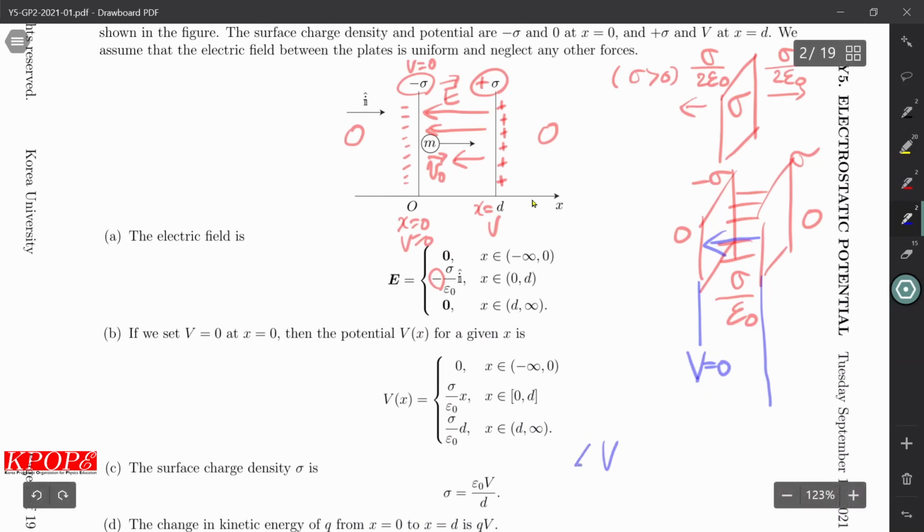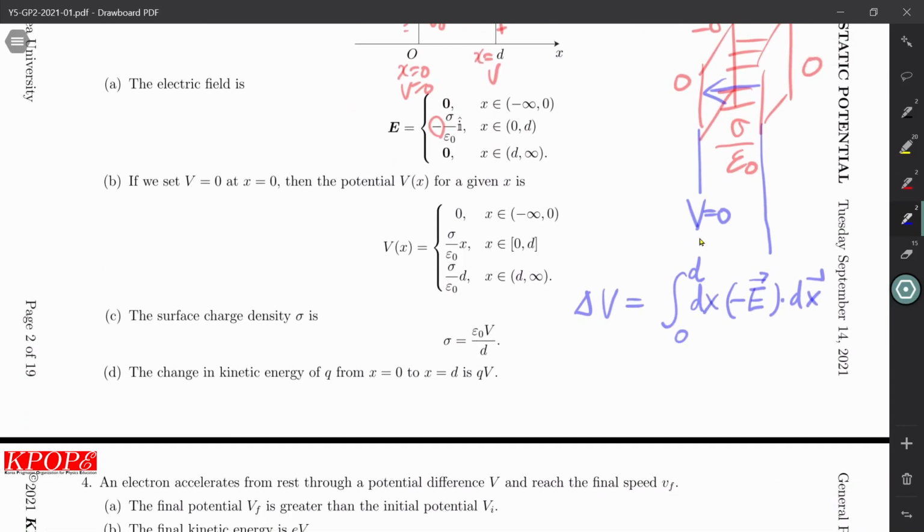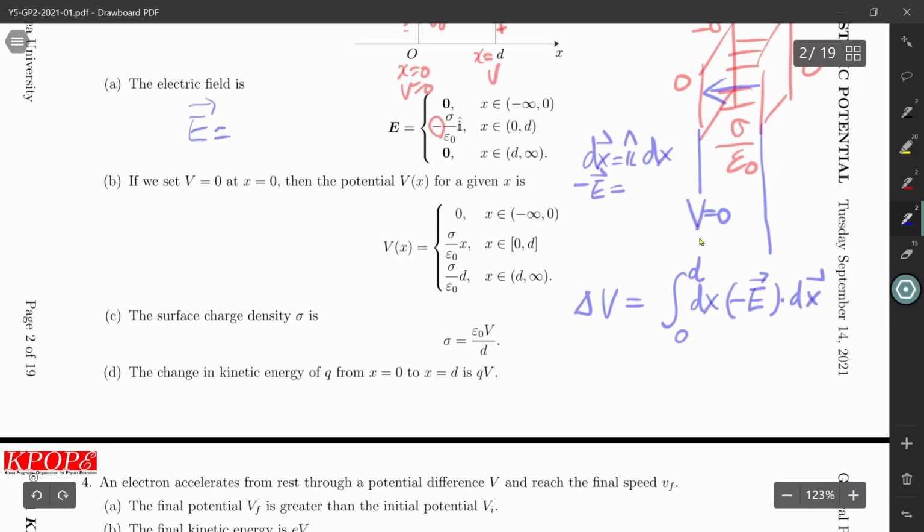If I want to compute delta V, then from 0 to d, minus the electric field dot dx. The vector dx is i hat dx, and E equals minus sigma over epsilon 0 i hat, so minus E equals sigma over epsilon 0 i hat.